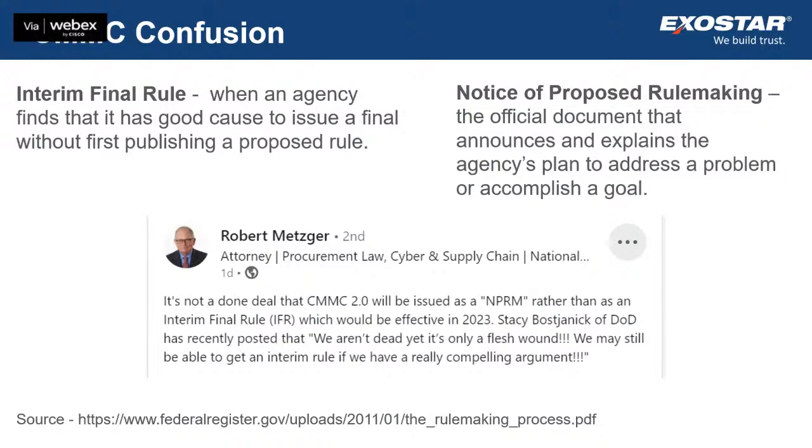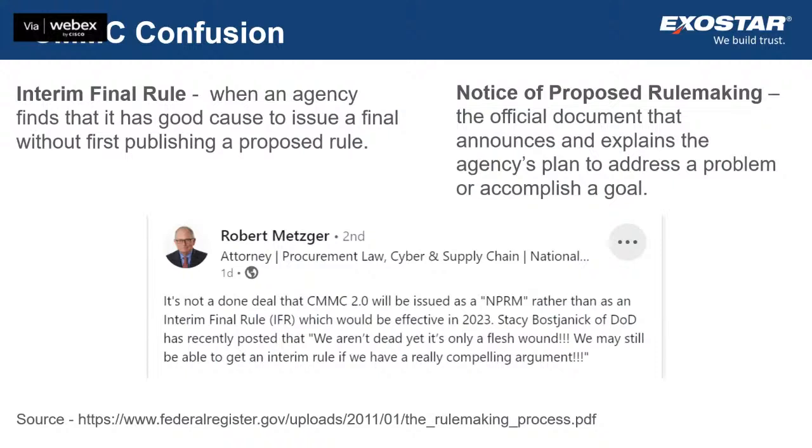What we're now hearing is that it may come out as a notice of proposed rulemaking. If it has that NPRM designation, that's when the public comment periods would start, and the DoD would then collect all those comments, respond to them, etc. That would be longer than 60 days, right? So in that case, we would look to see CMMC pushed out past, I don't really have a date, so that's why I'm kind of hemming and hawing here.